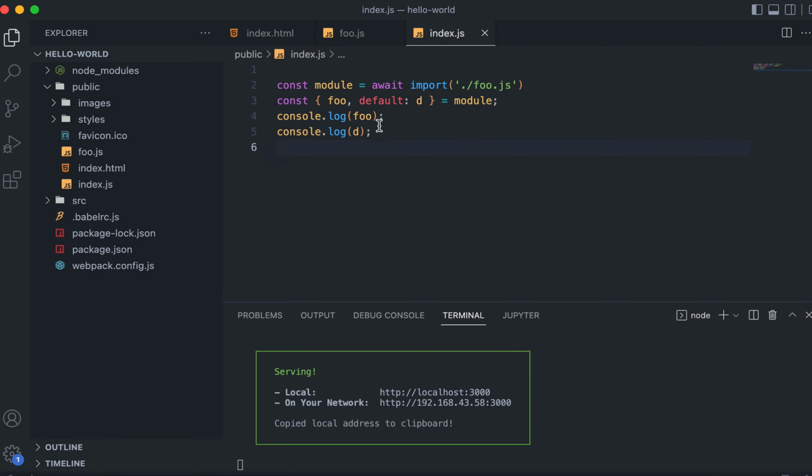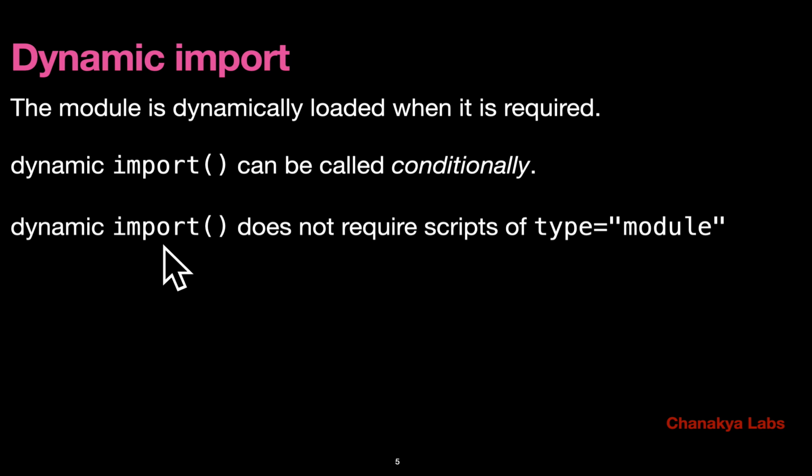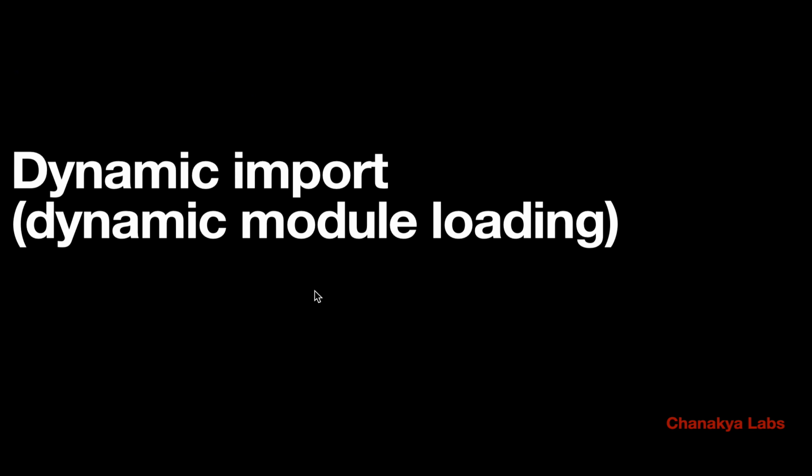So now you can understand that as and when you need whatever features you require, based on that you can make it type module or something. But the simple idea is that for dynamic import specifically, you don't compulsorily need type module, unlike static import, which we saw earlier. Okay, so that will be all for dynamic import.